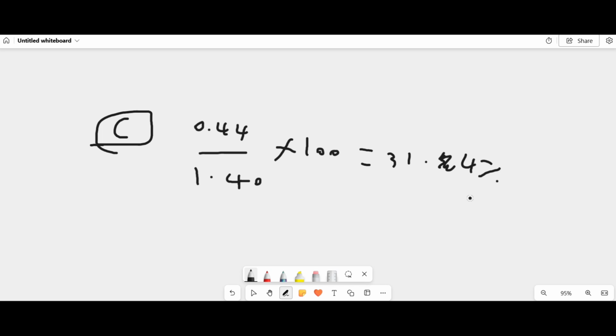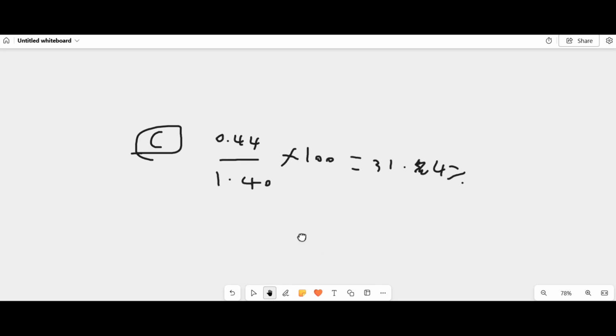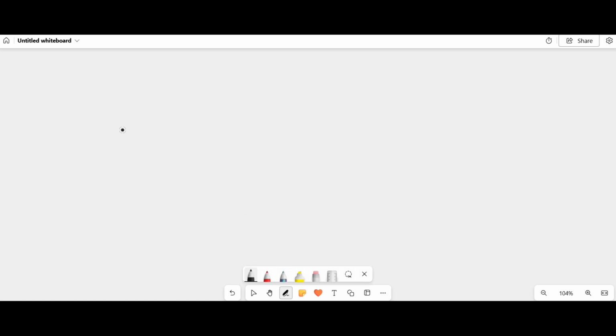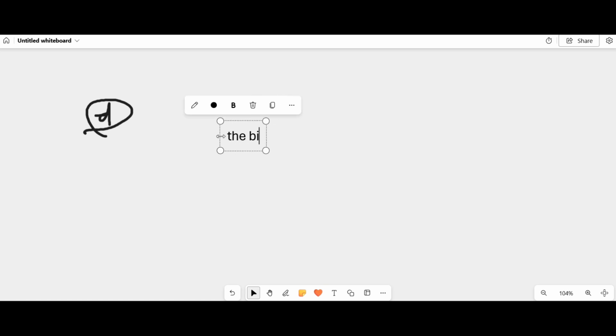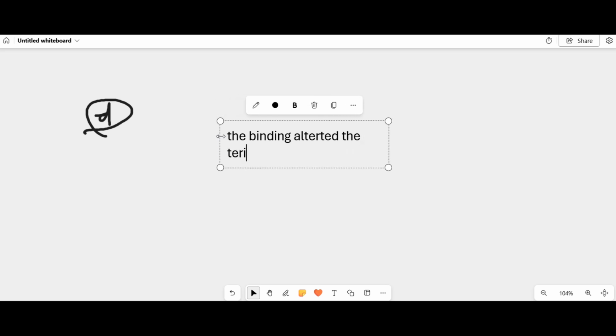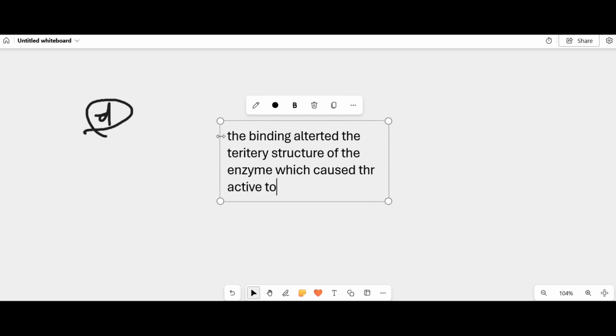Question D. Lactose binds to the enzyme. Suggest the reason for the difference in results shown in the graph with and without lactose. Obviously, lactose binds to the enzyme, so the binding altered the tertiary structure of the enzyme, which caused the active site to change shape.